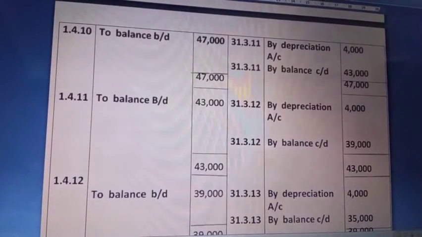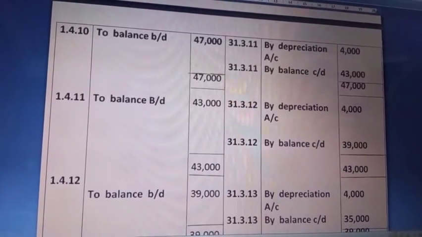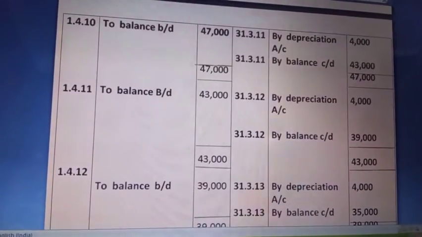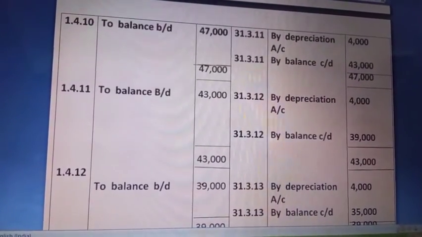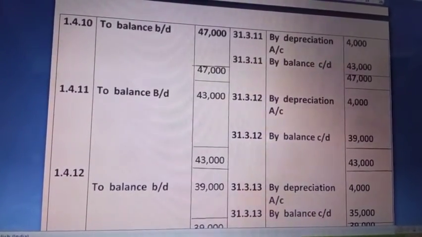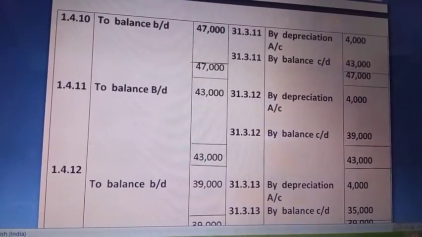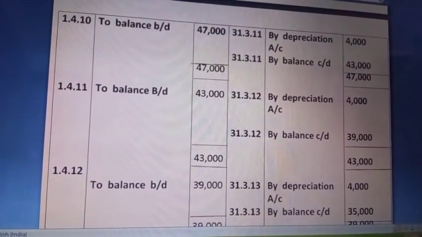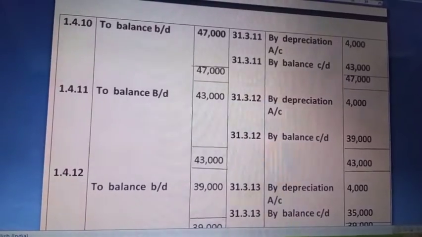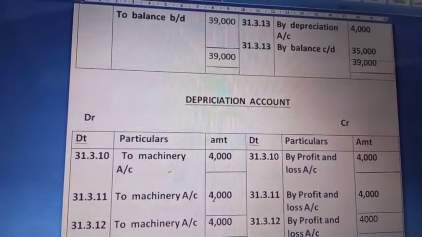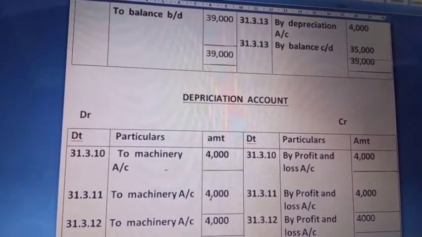So we are charging 4,000 depreciation and the balance is 39,000, and the same way 39,000 is brought down on the next opening entry. Depreciation remains the same 4,000 and the balance is 35,000. So this marks the end of the machinery account.